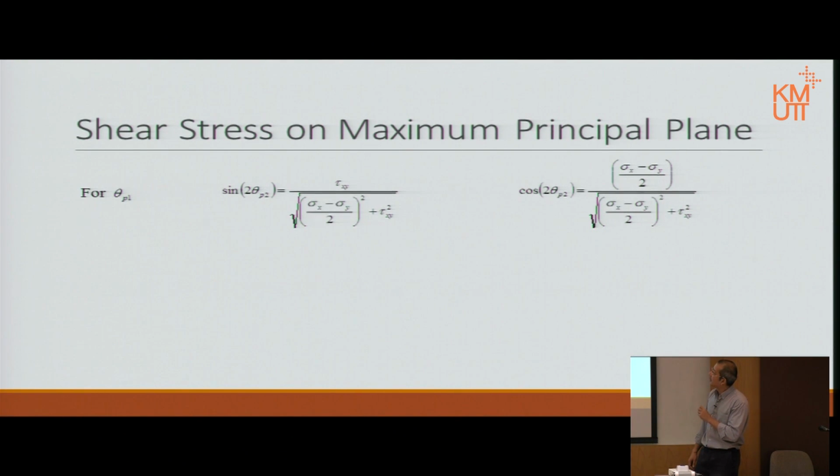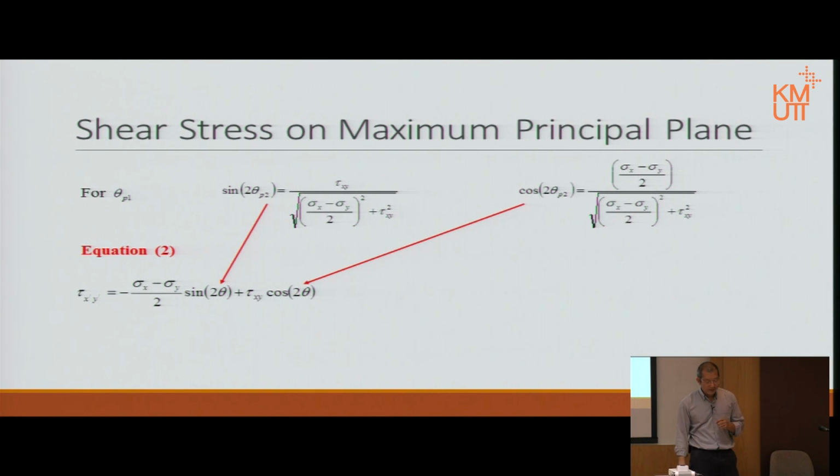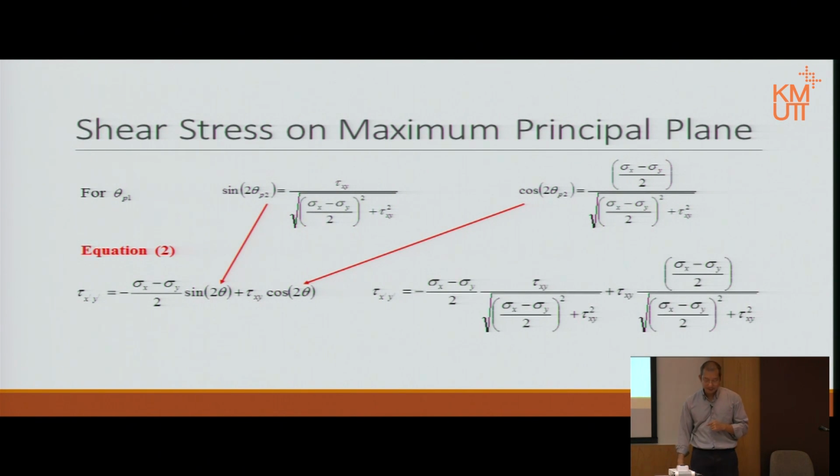Let's find the shear stress first on the maximum principal plane. From equation 2, if we substitute the angle that we found for theta P1 into that, we have that form. Notice that it becomes 0.